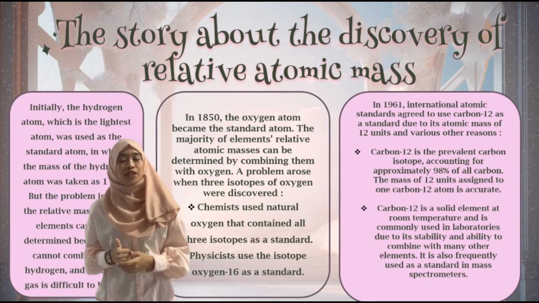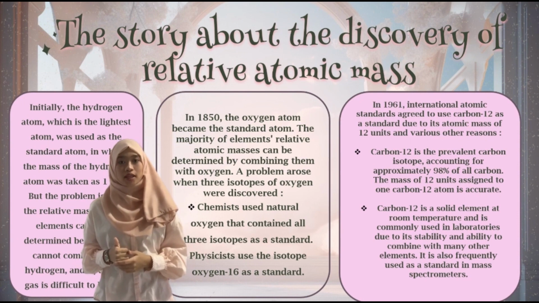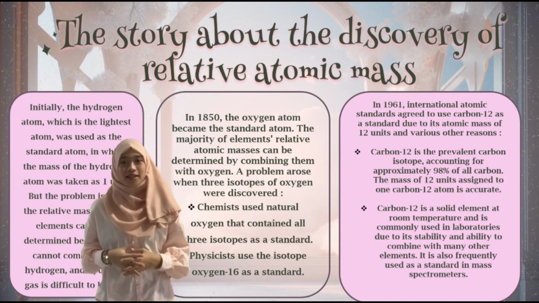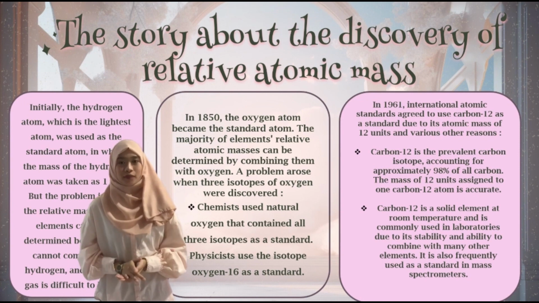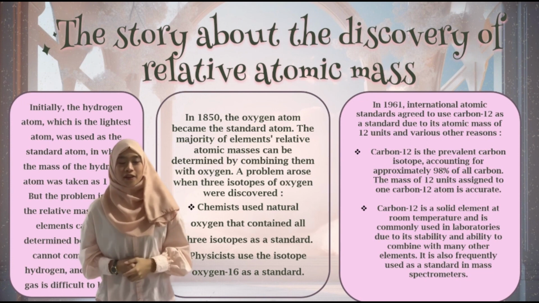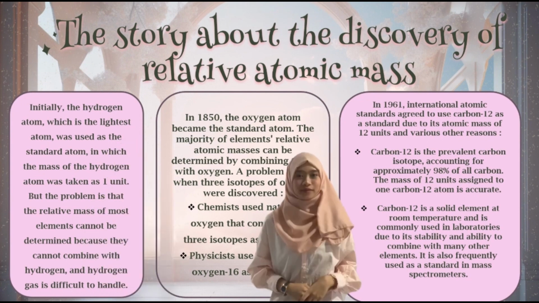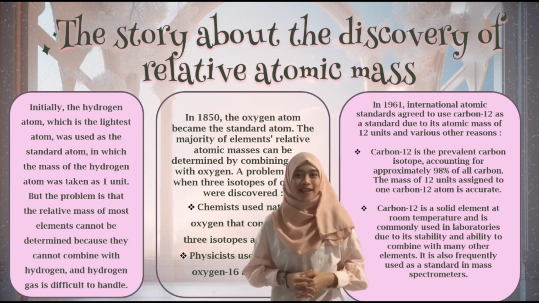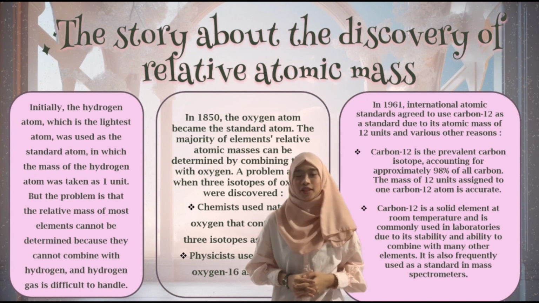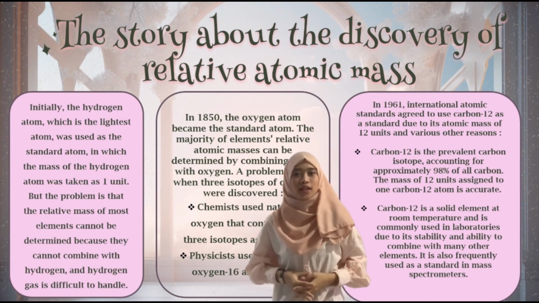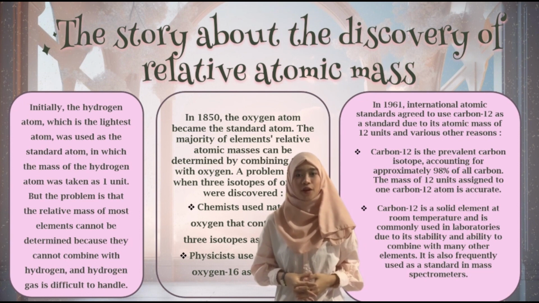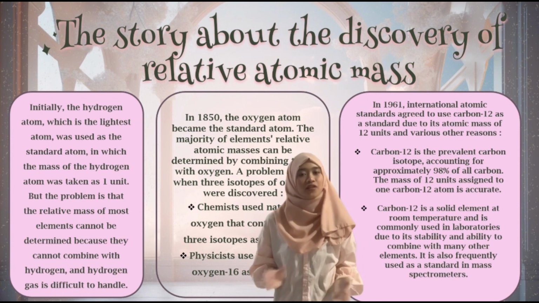First, the chemists used natural oxygen that contains all 3 isotopes as a standard. Secondly, the physicists used the isotope oxygen-16 as a standard. Long story short, in 1961, the International Atomic Standard agreed to use carbon-12 as a standard due to its atomic mass of 12 units and various other reasons.